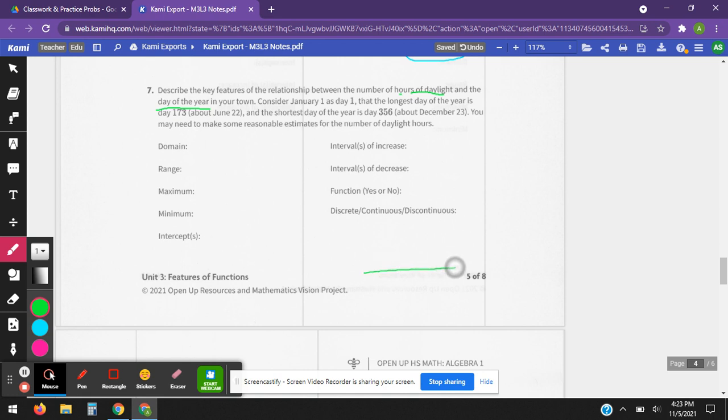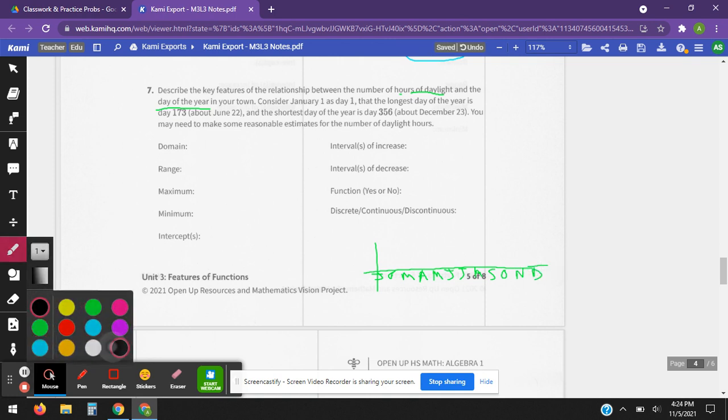So if we were to draw a graph of this, we've basically got January right here, February, March, April, May, June, July, August, September, October, November, December, right? Okay, so what it's saying is June is the longest day of the year, so this is the most daylight hours.